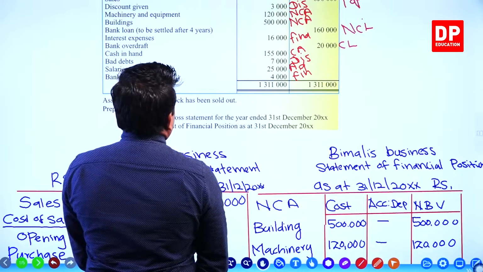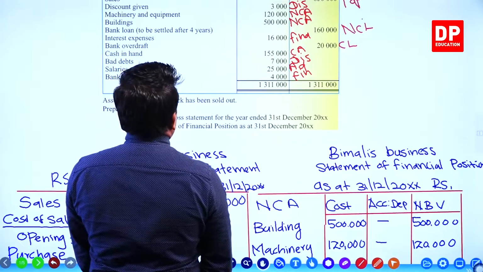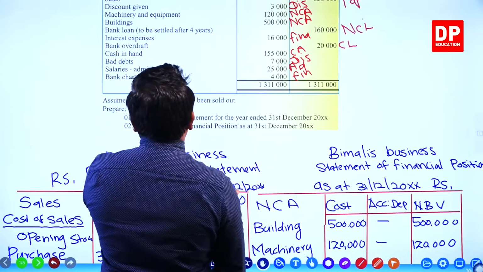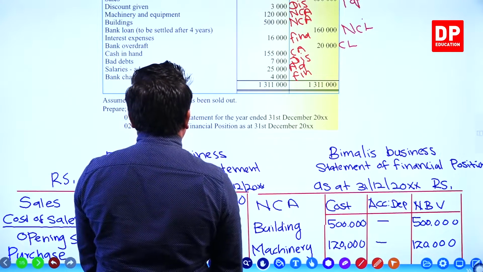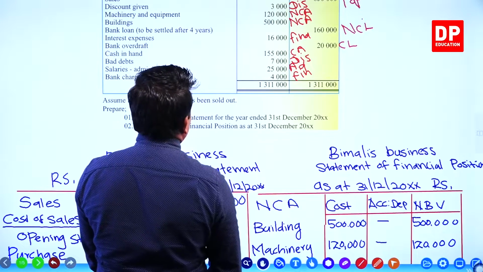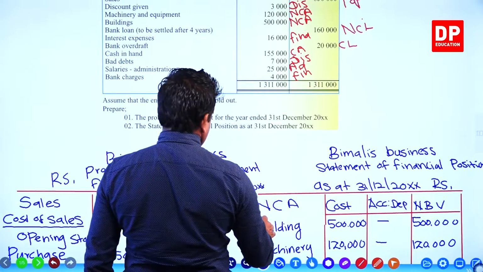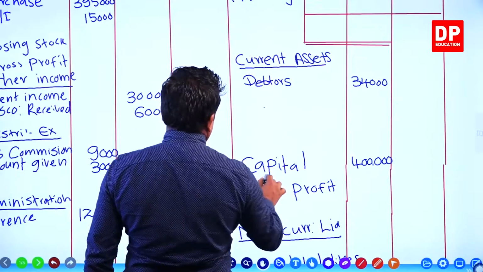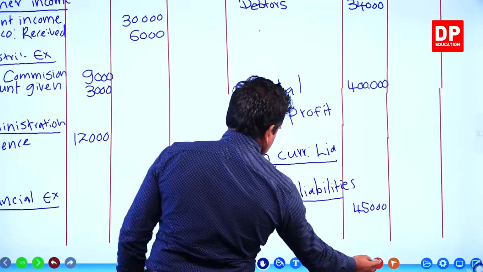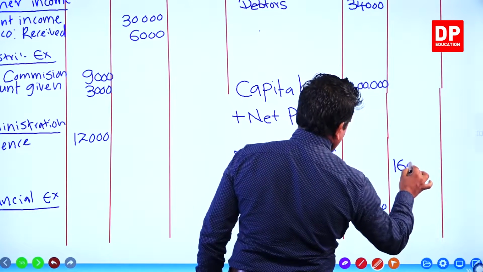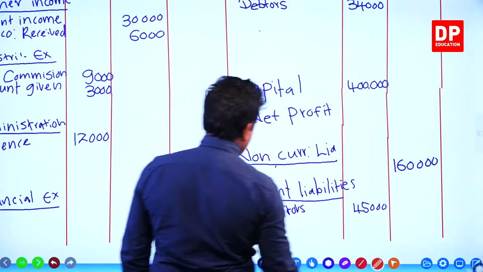Bank loan 160,000, interest expense 16,000. Bank loan is a non-current liability. Why? To be settled after 4 years. So, non-current liability. Bank loan is only one item, that's why we put it in the corner.